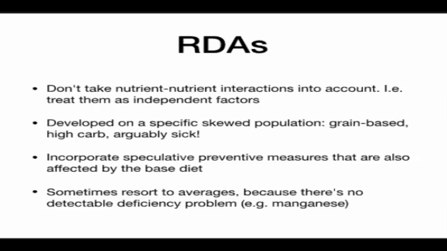And then sometimes, since they're supposed to be looking at all the different nutrients that we know about, they can't even find a way to determine what the RDA should be because there's no way to compute the balance. You take people off it and nobody gets sick. And so what they've done is said, well, this is what people eat and this is about how much they get, and so we're going to say the RDA is that. And that's the case, for example, for manganese.